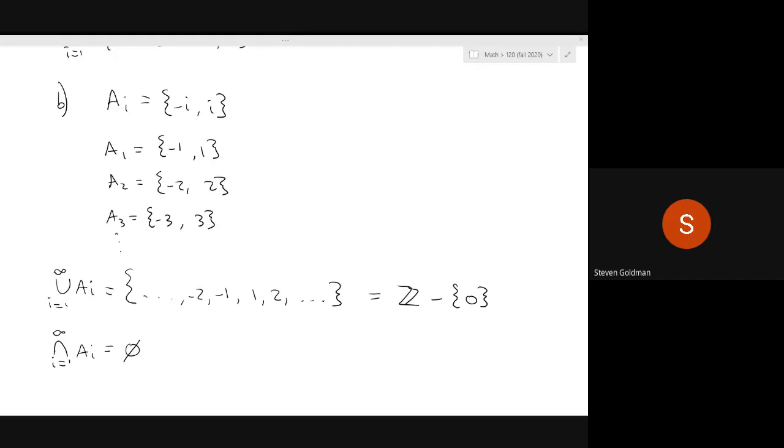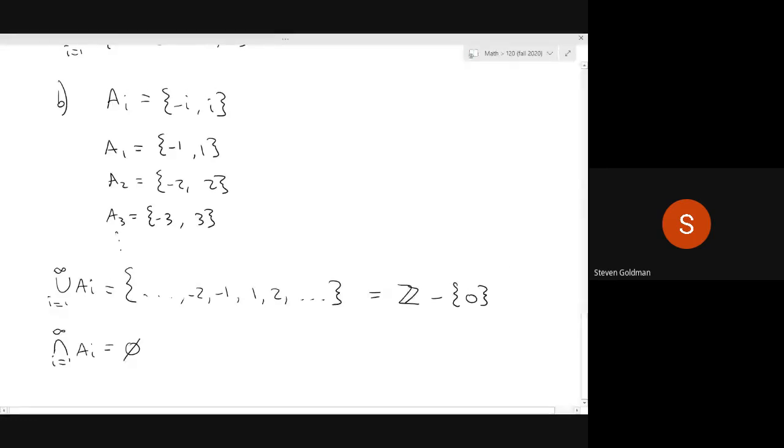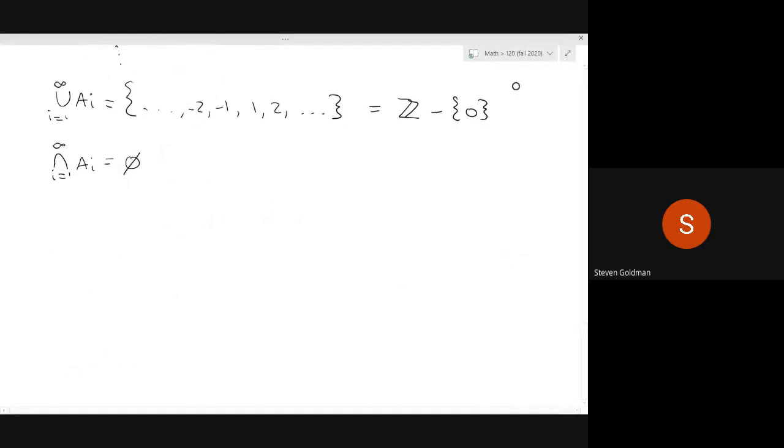It's just saying that each set A sub i is equal to an interval, so it's all the real numbers between negative i and i. It's a similar idea, except instead of integers, it's real numbers. Yeah, it's the same idea.